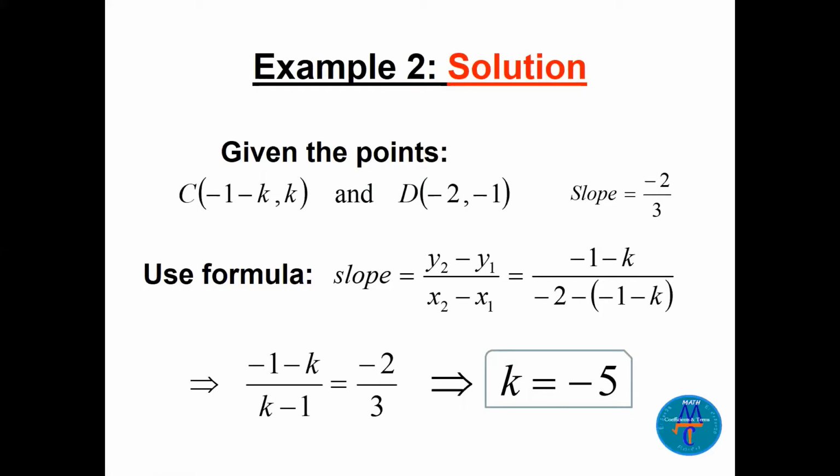Minus and minus k, so k, and there is a minus 2 there. So down we have k minus 1. Up we have minus 1 minus k equals the given slope, minus 2 over 3. Just cross multiply. See, I skipped here the two easy steps. Cross multiply: 3 times minus 1, 3 times minus k, minus 2 times k, minus 2 times minus 1. Take all the k's together. k will be minus 5. You can check it, please, and try.